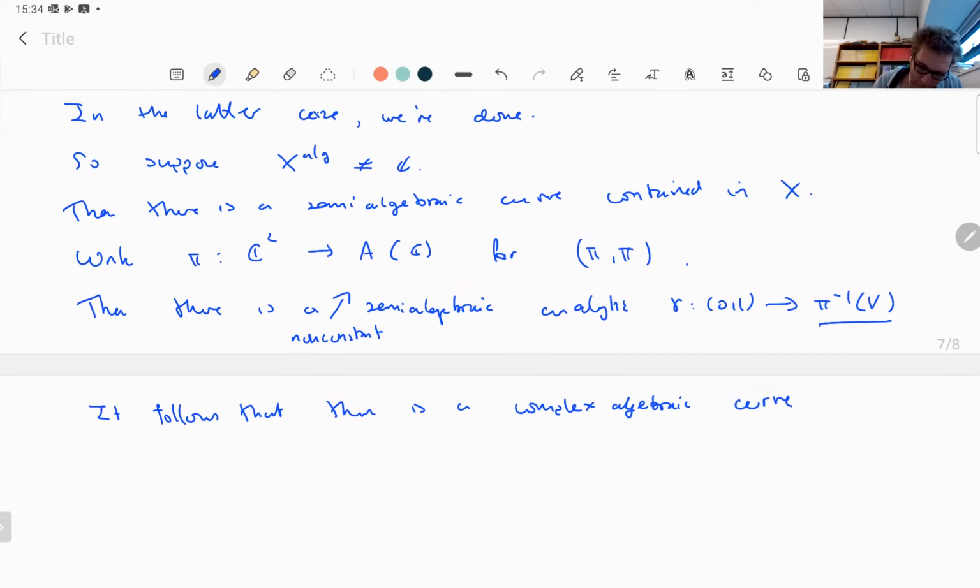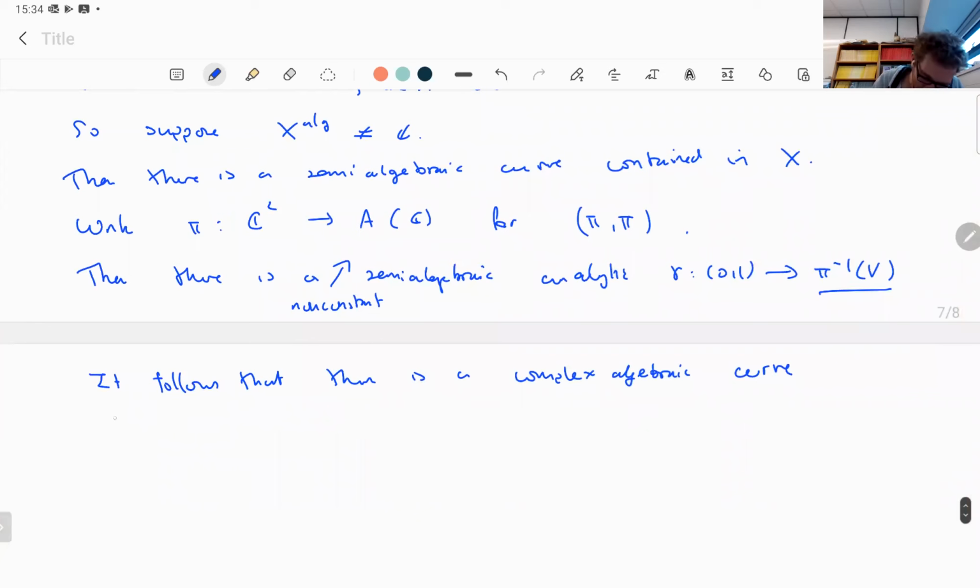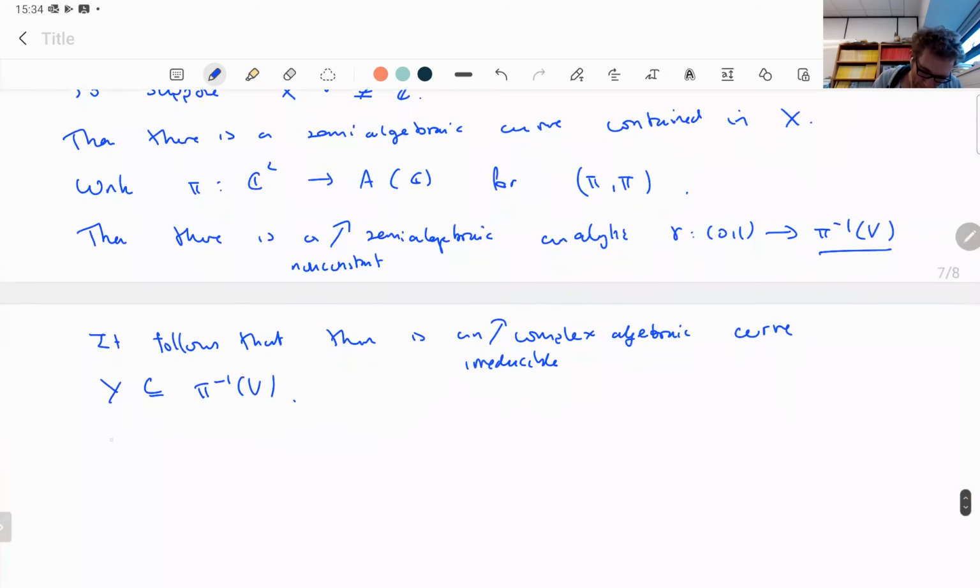So this complex algebraic curve Y, contained in pi inverse of V, an irreducible one. To see that, I've got gamma going to C squared, which I can identify.